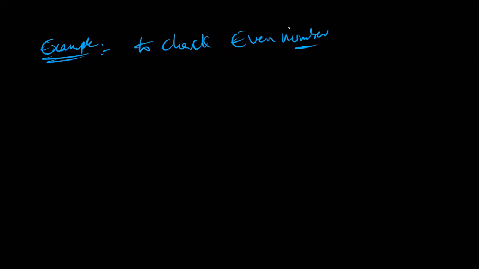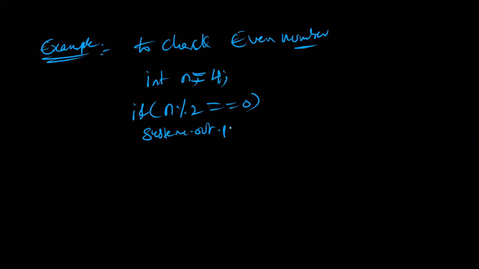So how will you write it? There is an int n. You can write if n modulus 2 equal to 0. For example, n is some value, 4. If n modulus 2 equal to 0, you are printing, System.out.println, E1.